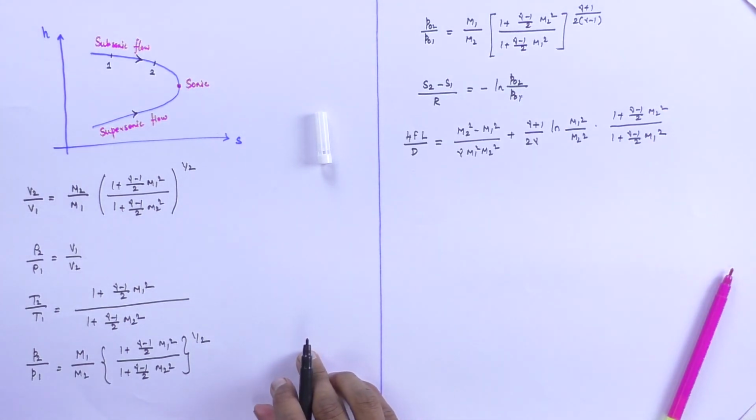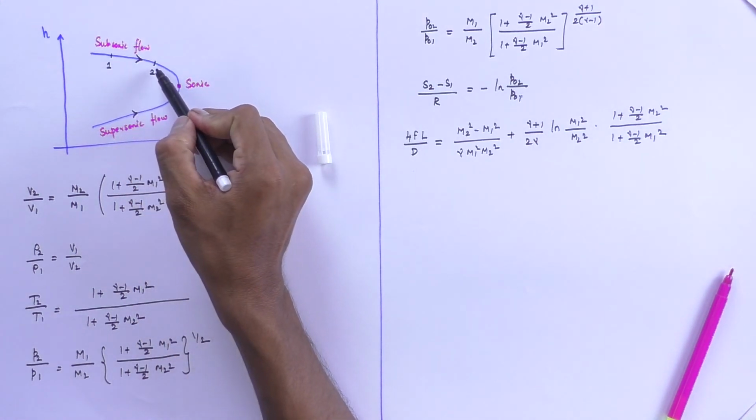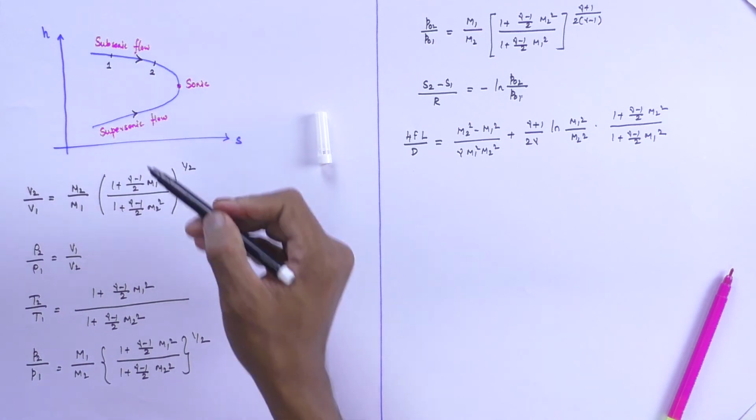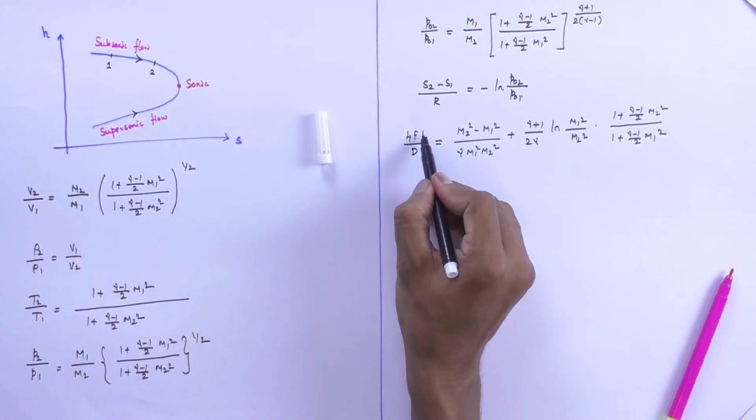So, now we have represented the flow properties at state point 1 and state point 2, all as a function of inlet Mach number and exit Mach number for a duct length of L.